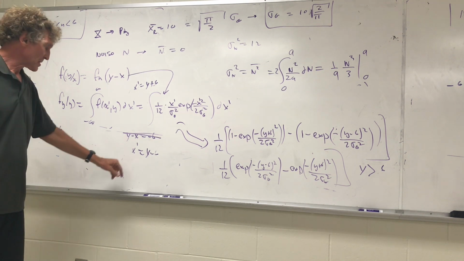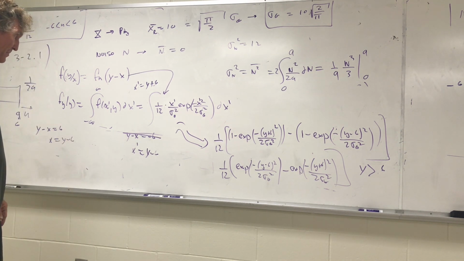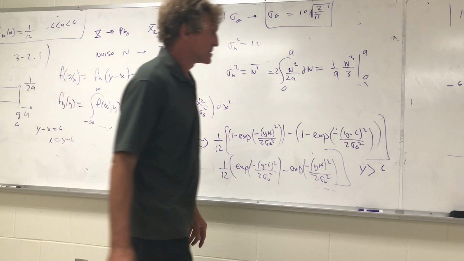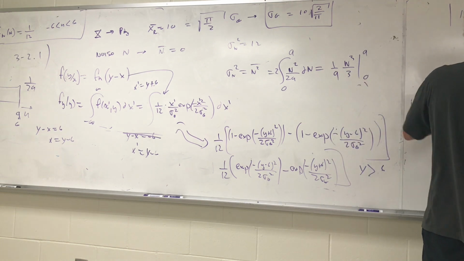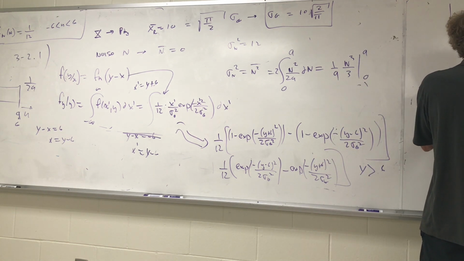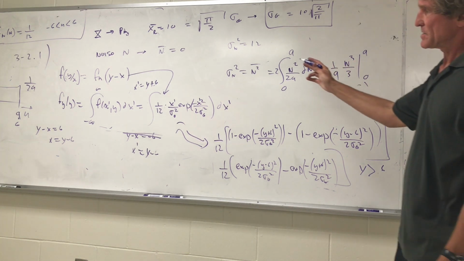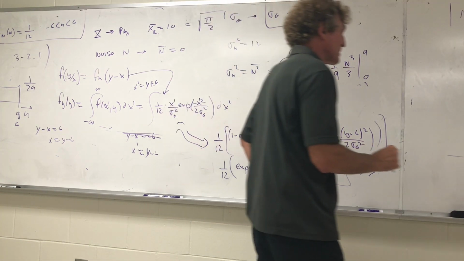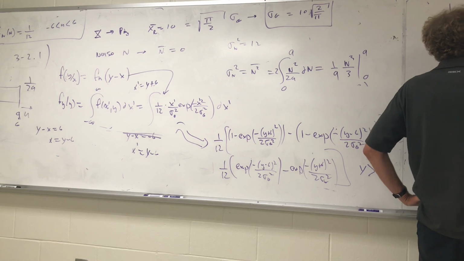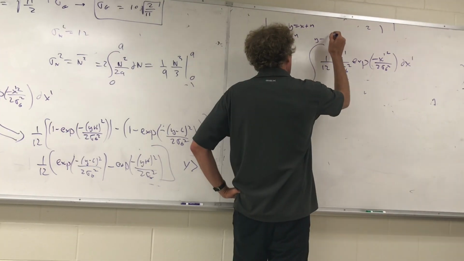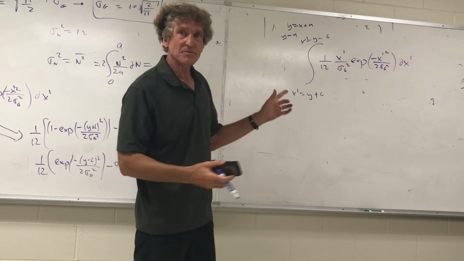All right, so the lower limit, y minus 6, that actually makes sense. So if this is x prime equals y minus 6, wait a second. That should be plus 6, shouldn't it? So it should be y plus 6, and this should be y minus 6 up here. Oh, that's right.